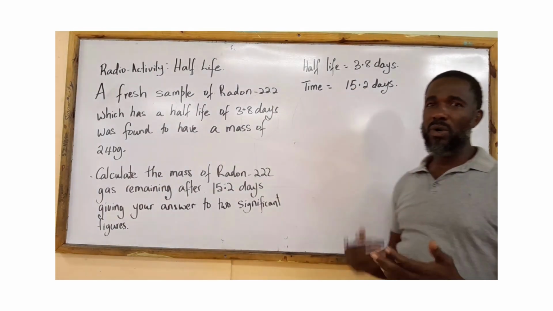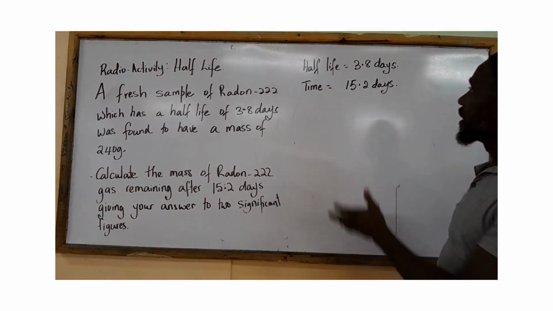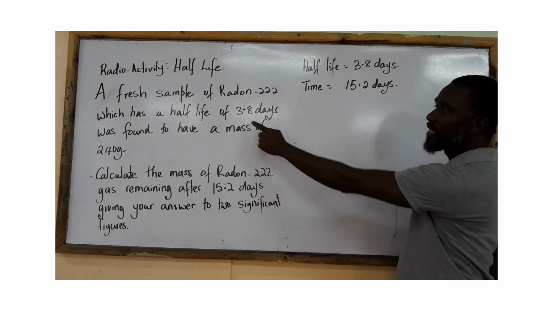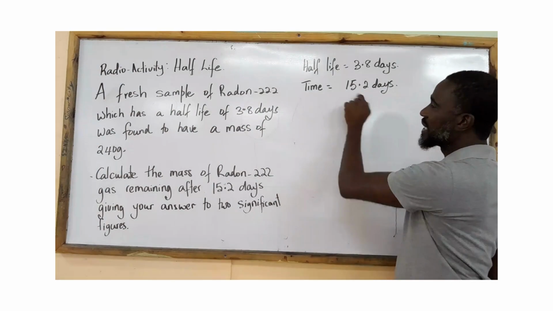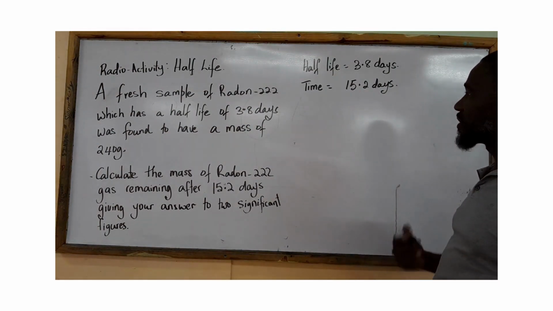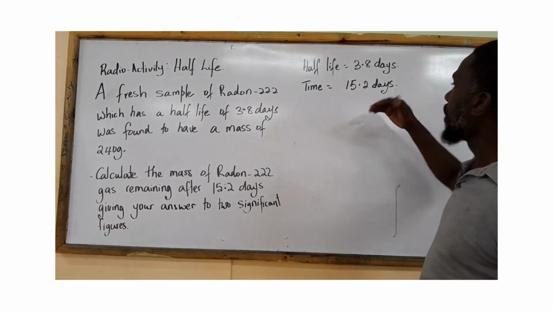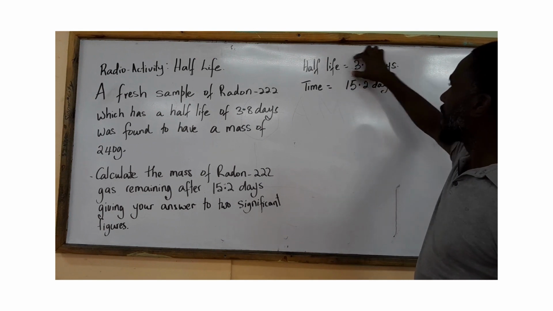So basically what we want to find out here is how many disintegrations took place within this time. In order for us to find the number of disintegrations, we are going to divide the time by the half-life.